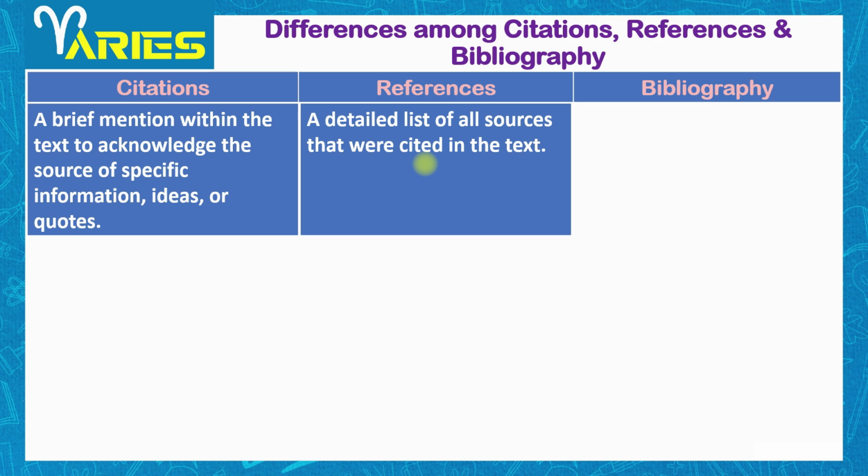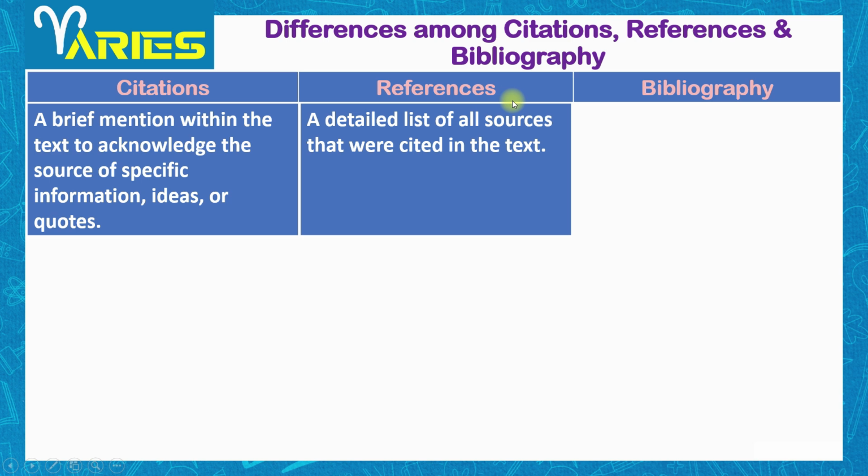But the three resources from which you have taken that idea, at that particular place it will be mentioned. If you mention it in the text, it is considered a citation.